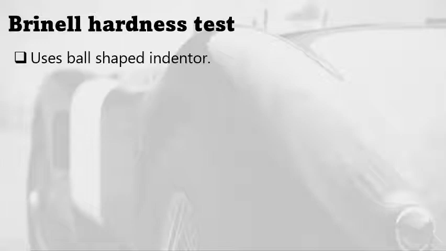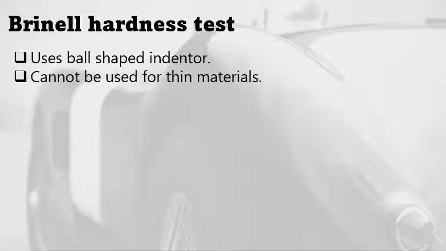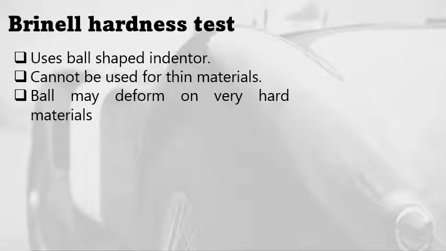So one example of hardness test is the Brinell hardness test. There are different classifications or ways to test hardness, and the first is the Brinell hardness test. This uses a ball-shaped indenter, and it cannot be used for thin materials. The ball may be deformed on very hard materials.